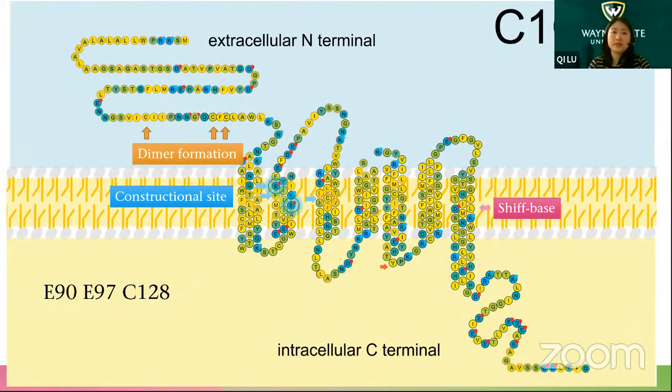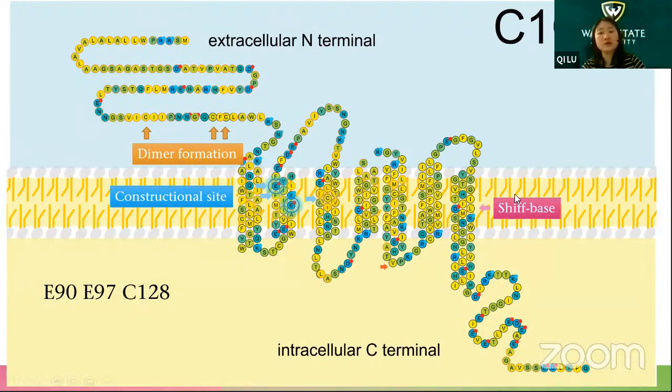Then let's move on to see the structures. In the previous lecture, we talked about some important sites, like the three cysteine residues that are critical for dimer formation in only channelrhodopsin, and the glutamate residue that's important for ion selectivity or permeability in the constructional site.